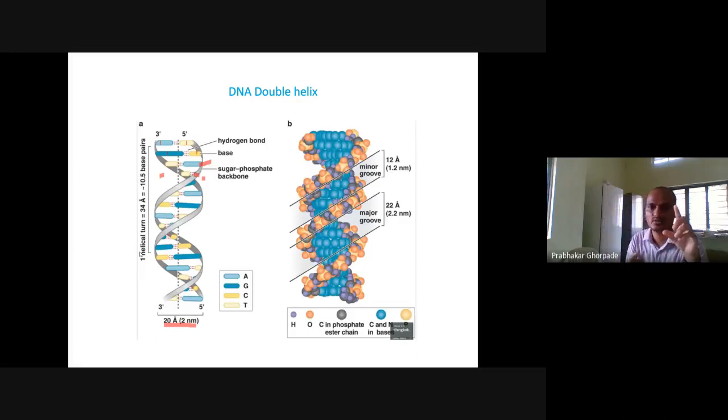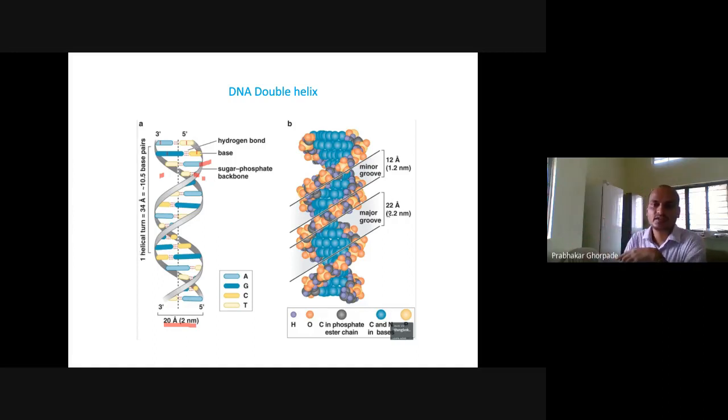So if you take one complete turn and measure, there are 10 bases in one strand, and 10 base pairs across the two strands. Basically, if you are talking about one strand, we say bases, and if you are talking about both strands combined, we say base pairs, because these are paired, complementary relationships.